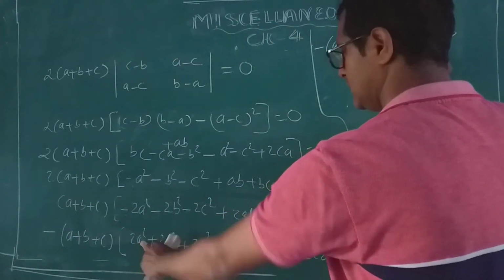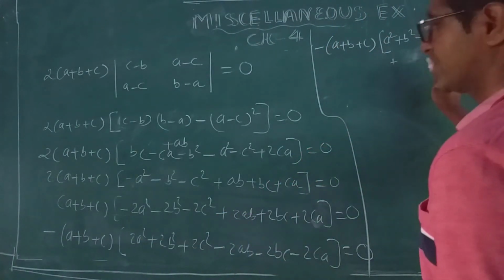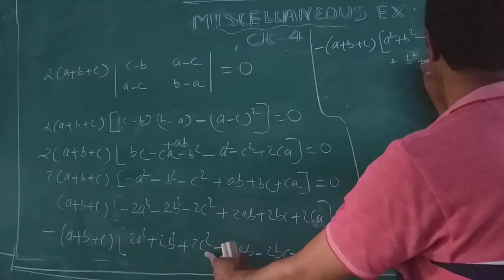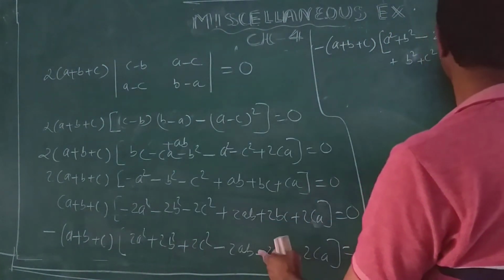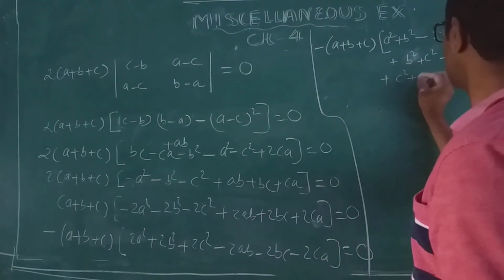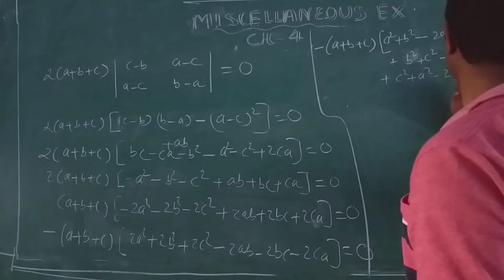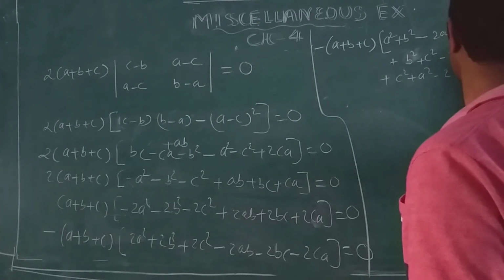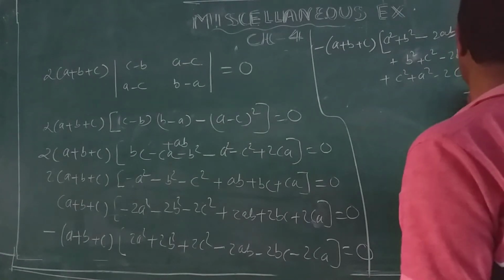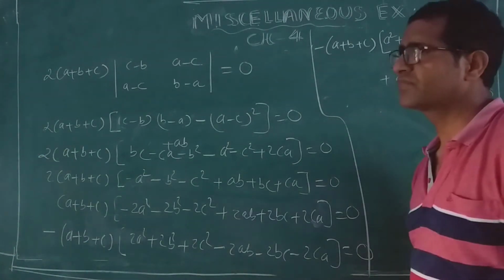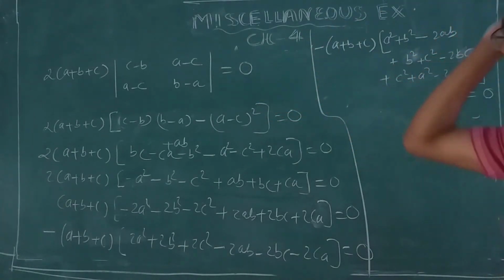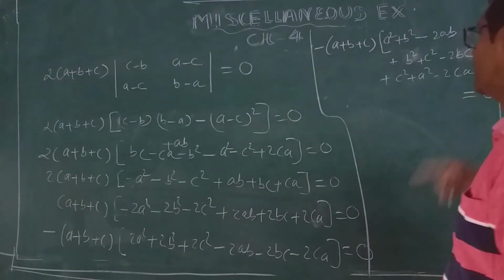B square plus, you will take 1 C square minus 2CA. Same way, C square plus A square minus 2CA. This equal to the right hand side 0. As given, the determinant value is 0.